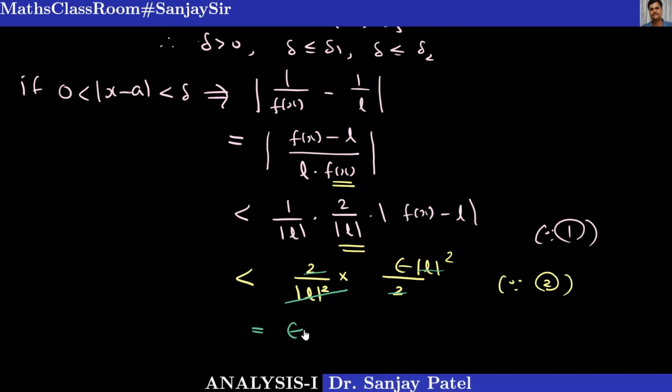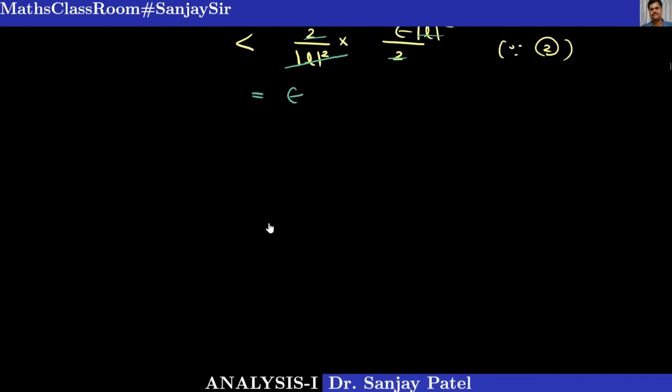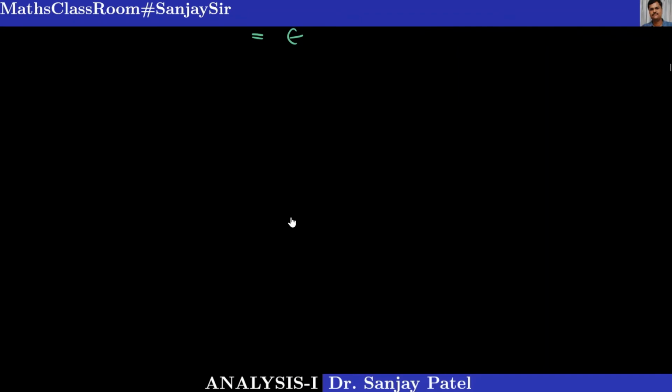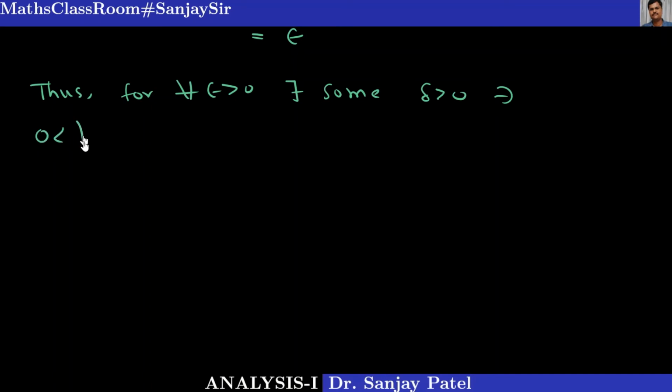So what I have proved is clear that for every epsilon greater than 0, there exists some delta such that whenever 0 less than mod of x minus a less than delta implies mod of 1 upon f of x minus 1 upon L is less than epsilon is proved.